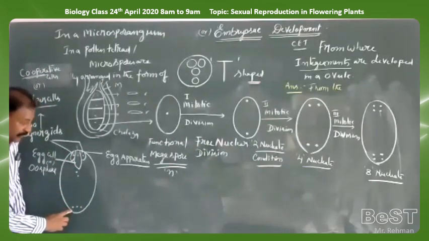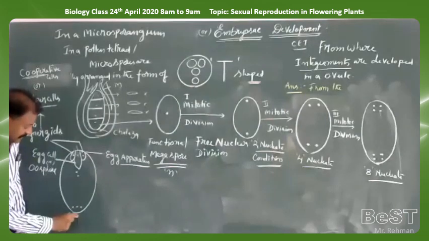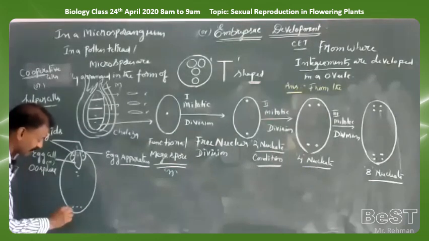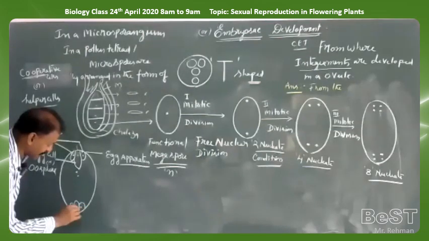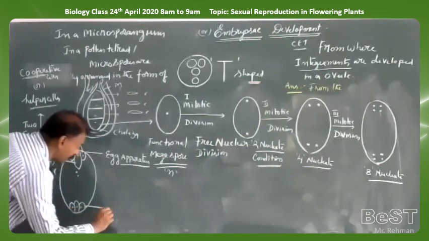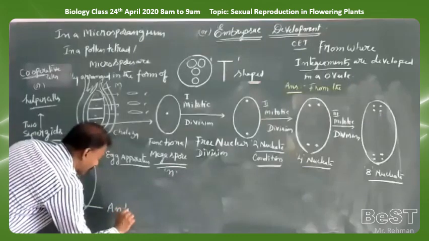The 3 nuclei on the lower side, the chalazal end, are organized into 3 cells of equal size. They are called antipodals.